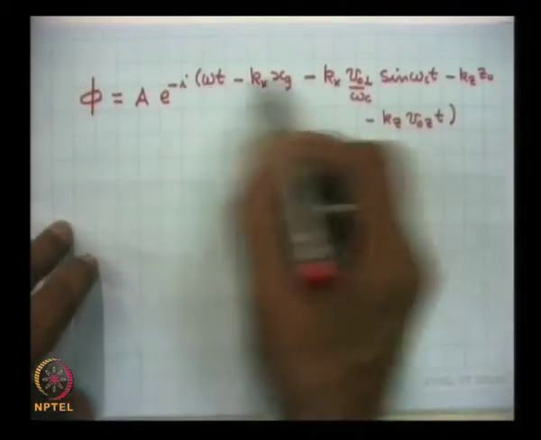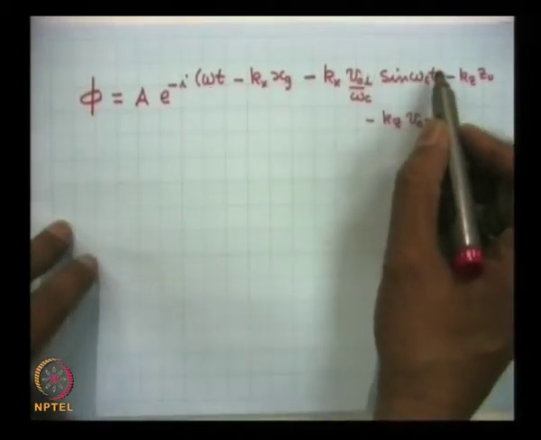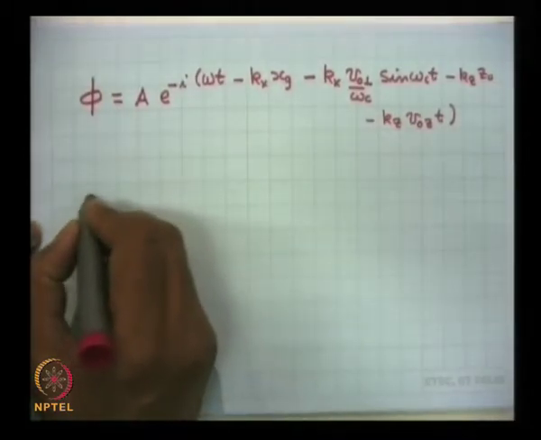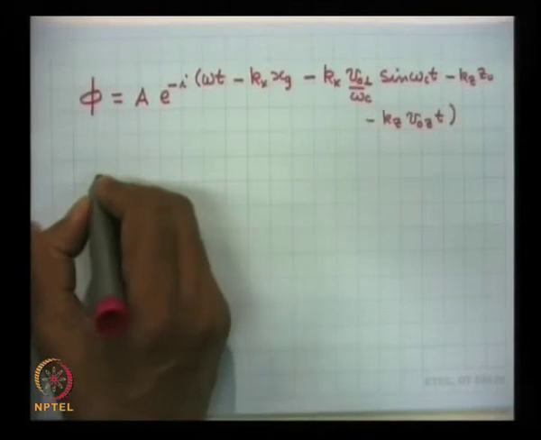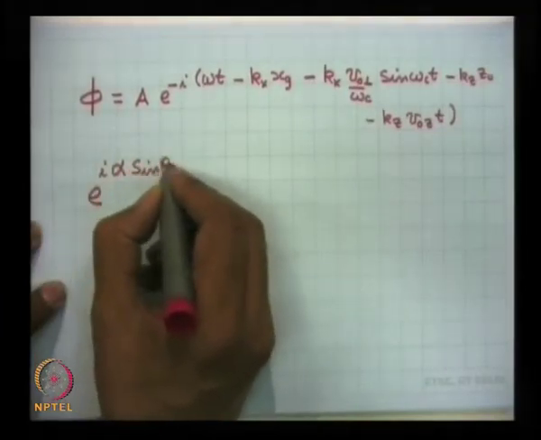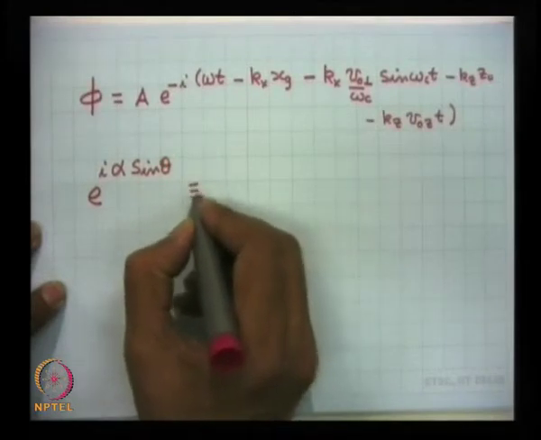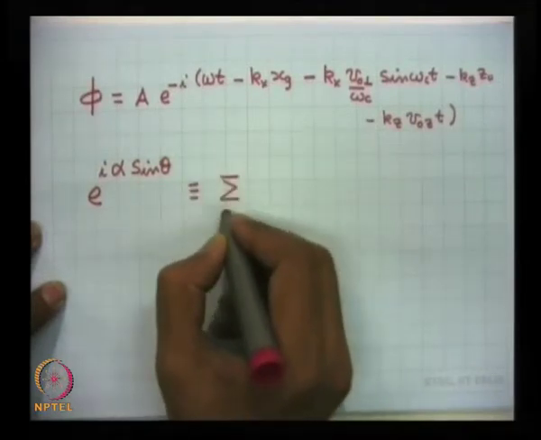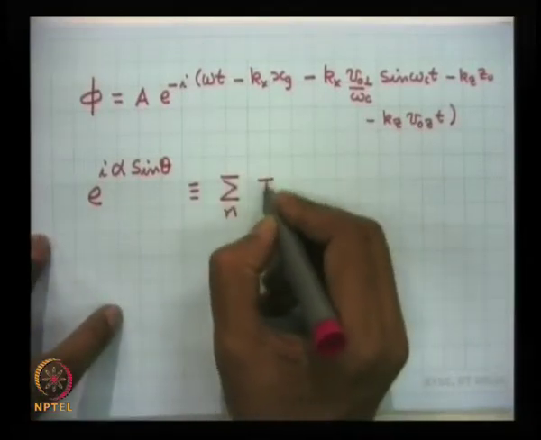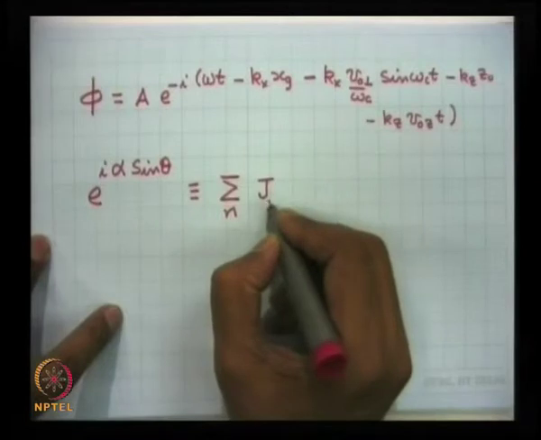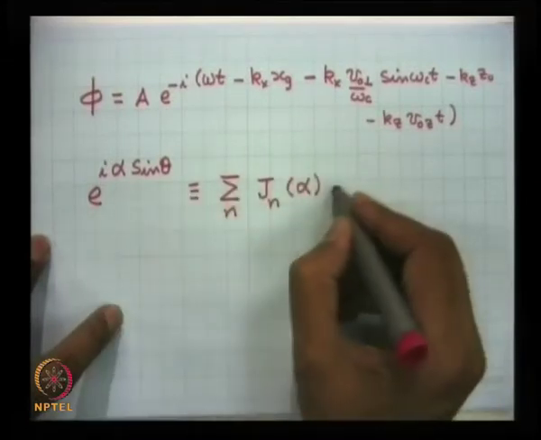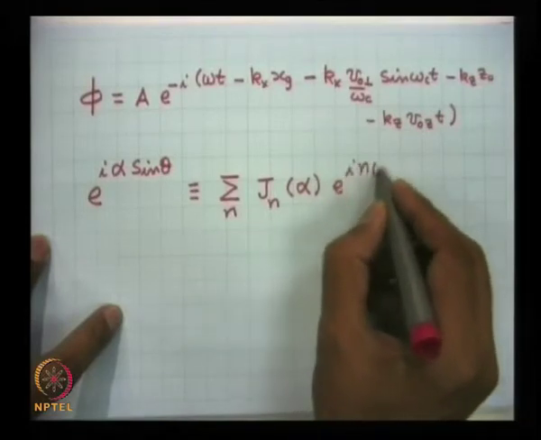Because in the exponential you are getting sine omega c t, but there is an identity called the Bessel function identity, that whenever you have a term like this, e to the I alpha sine theta, this you can always write as a sum over integer n, which goes from minus infinity to plus infinity, Bessel function of order n and argument alpha, exponential of I n theta.